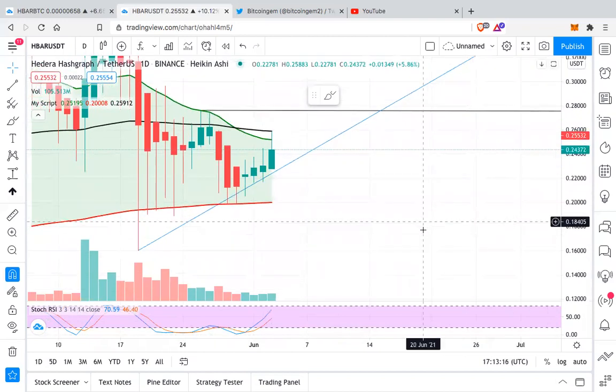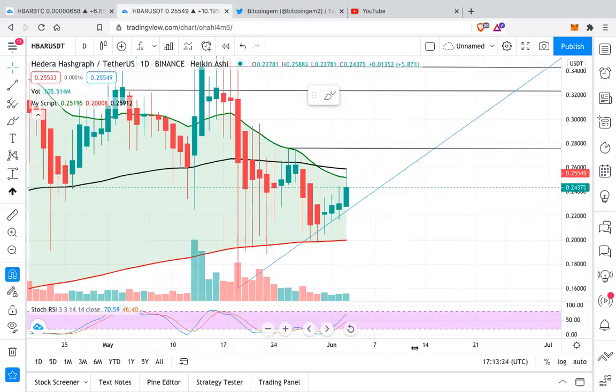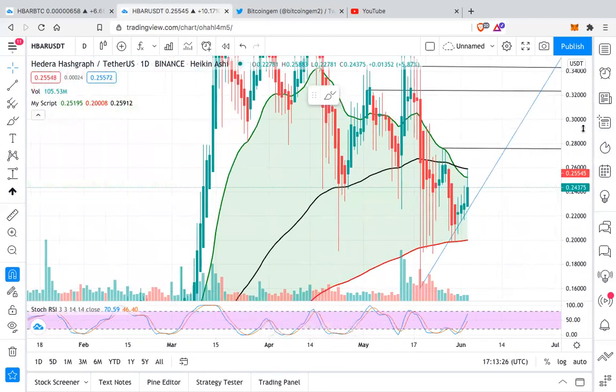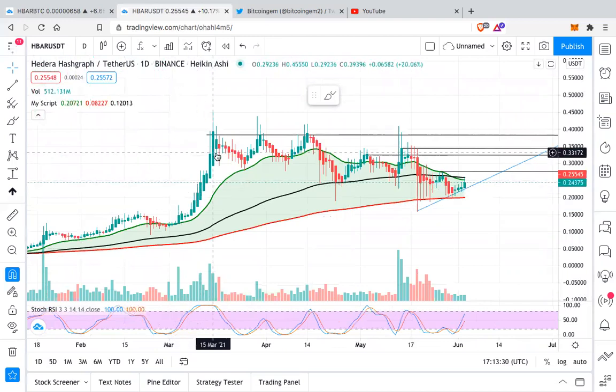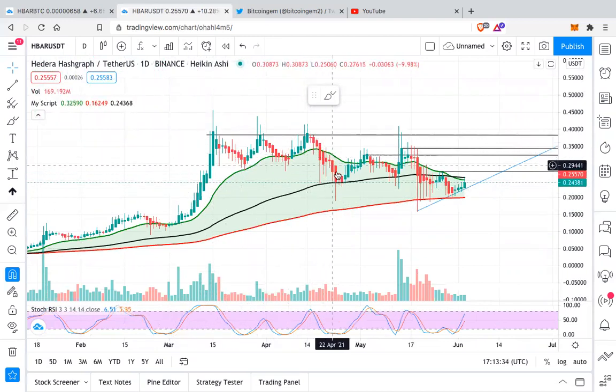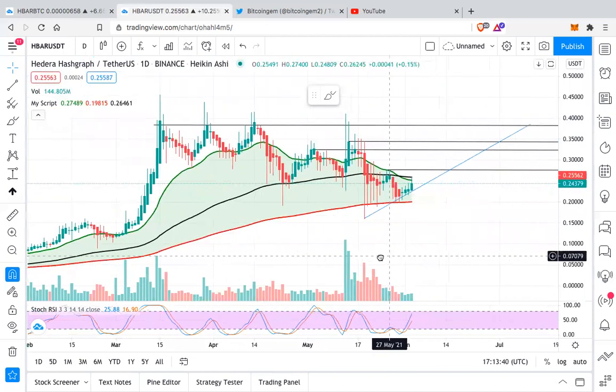Ideally, we want any asset to be above this to be fully bullish. Once it is above this green line, it's bullish. Look at the entire move. It was bullish whenever it was above this 21 EMA. And since it came down from the 21 EMA, it is slightly bearish.